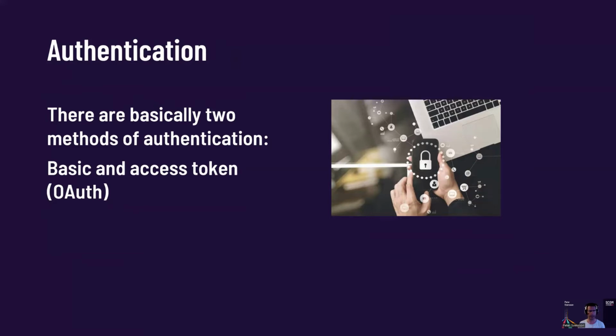There are different names for it, but it's the same solution. The basic authentication is the easiest method, where you have a username and password and send them to the API. It's not that secure though, so you should prefer to use the access token since it's a more secure method.